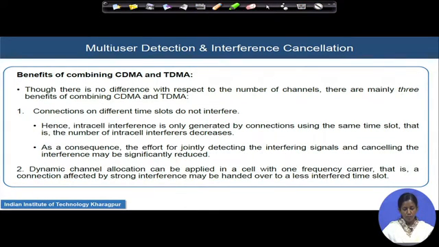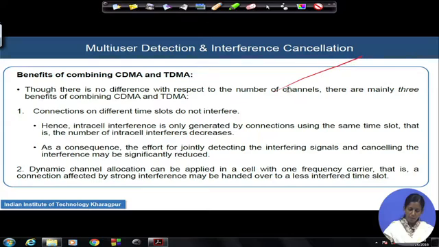There are mainly 3 benefits if you do this combination of CDMA and TDMA. First, the communications between time slots are independent, so they do not interfere with each other at all. The intra-cell interference is only generated by those users within this time slot, and if the same codes are used by another set of users in a different time slot, that will never create any interference to your intended transmission if you are sitting in time slot number 1.